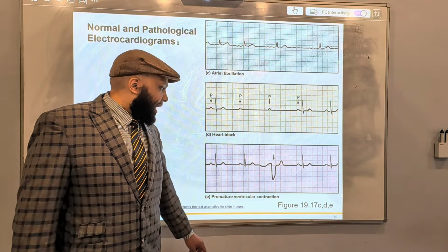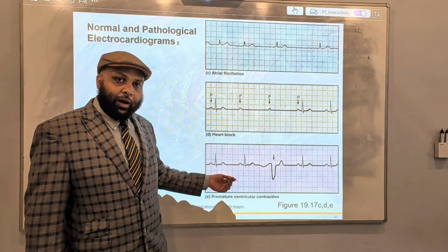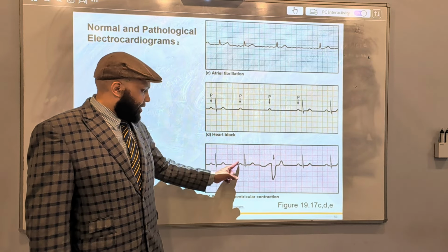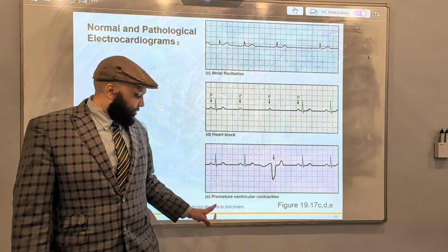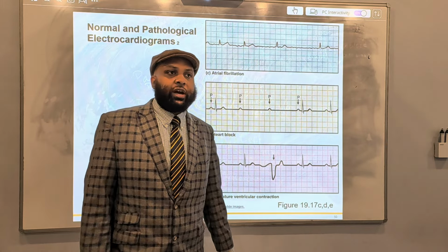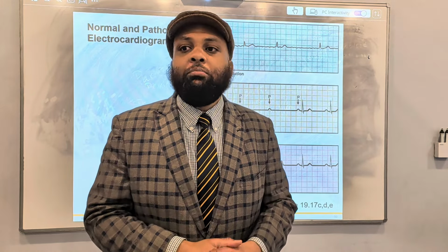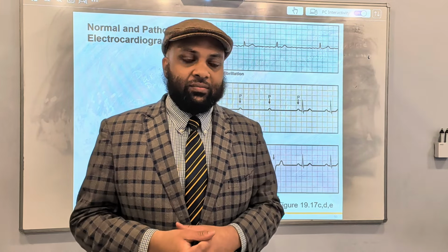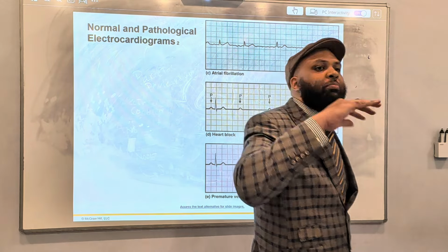Premature ventricular contraction is when you see this upside down QRS complex. So you see QRS, upside down, QRS. This person is suffering from premature ventricular contraction, meaning that the ventricles are contracting before they fill with blood. So it's just pumping air. The blood is not getting to the tissue. It's as good as not even pumping.